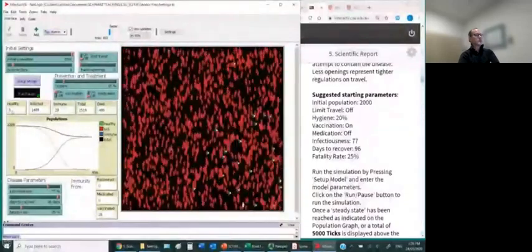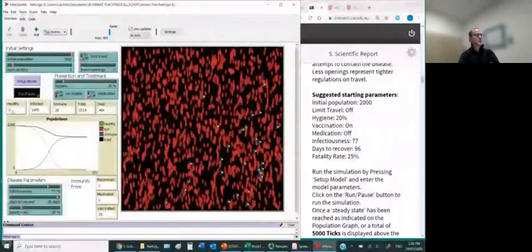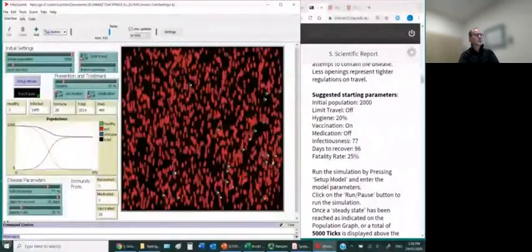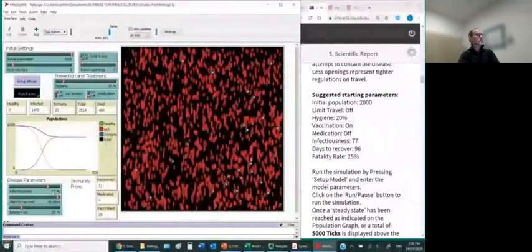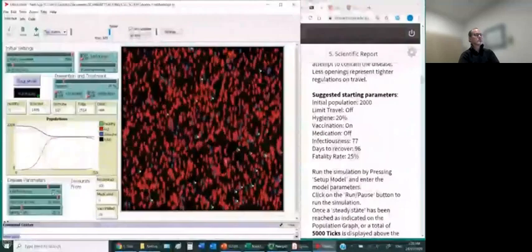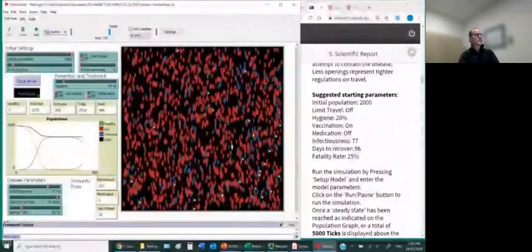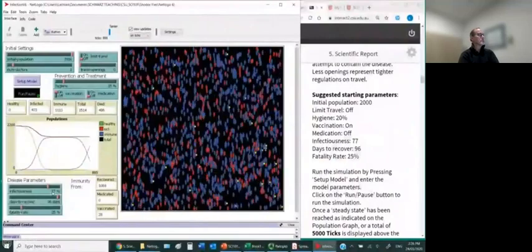We now have no healthy people, so actually everyone in the population has been infected, even though it's only a 77% infectiousness. Even though there was only a 77% chance that someone will get infected, because people are sick for so long and such a dense population, everyone's getting infected.